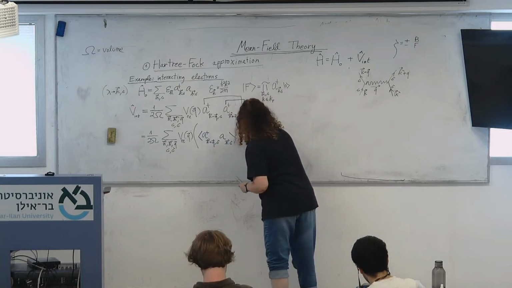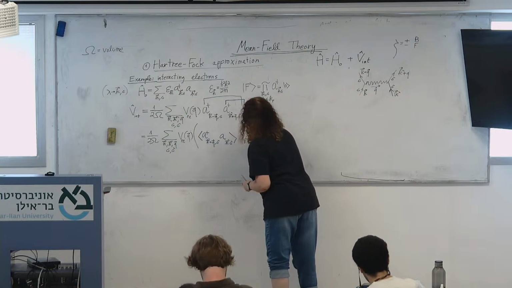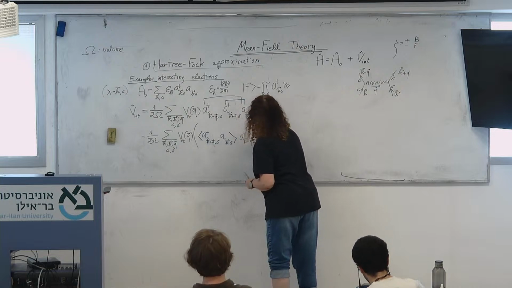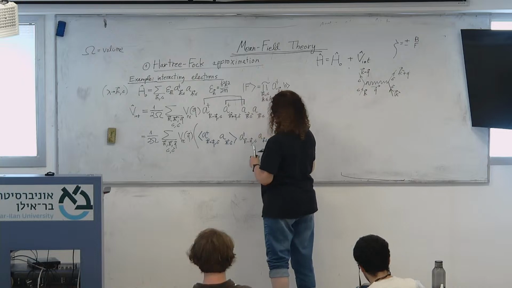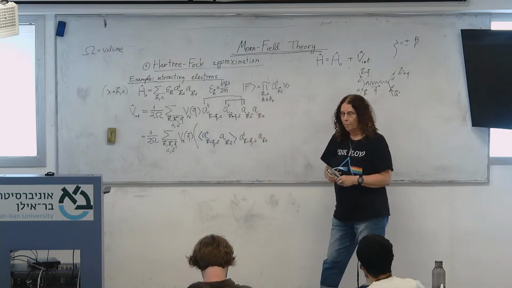I'm left with a dagger k plus q, sigma, a k sigma. That's the Hartree.